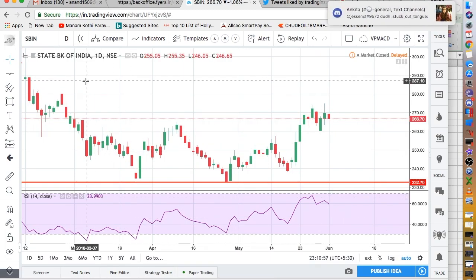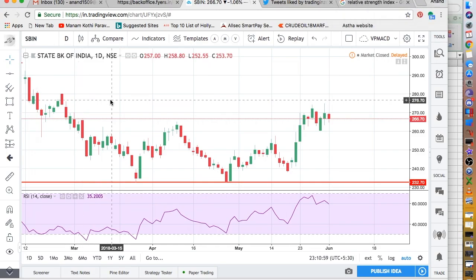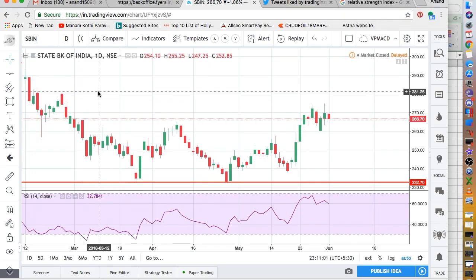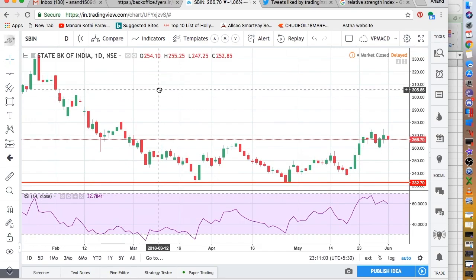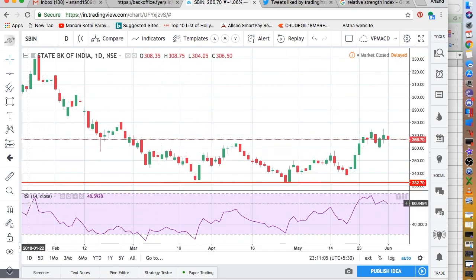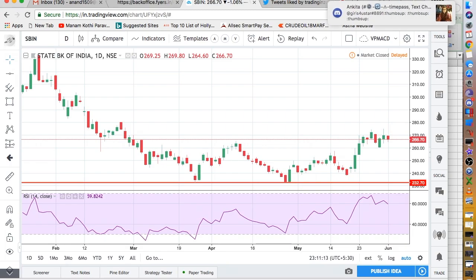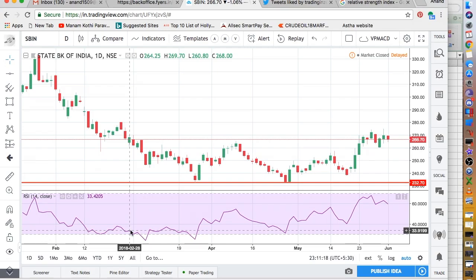So we see SBI has been a consistent stock which has been falling on a daily basis, and you can see that RSI pretty much is also telling me the same thing. So the question might be, how do I really go and buy at an oversold level?